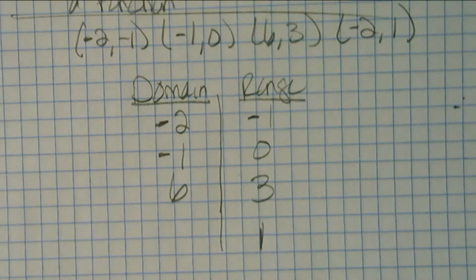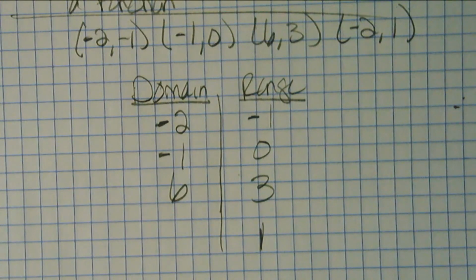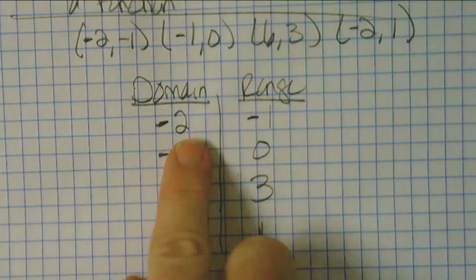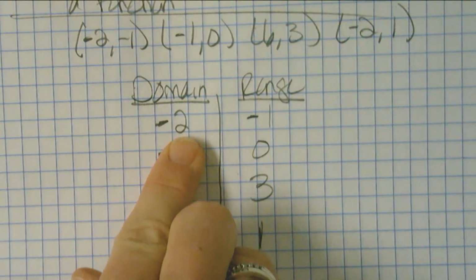So there are my range values, there are my domain values. Questions so far? I know, just humor me, because if I give you one of these, you need to know how to do this.